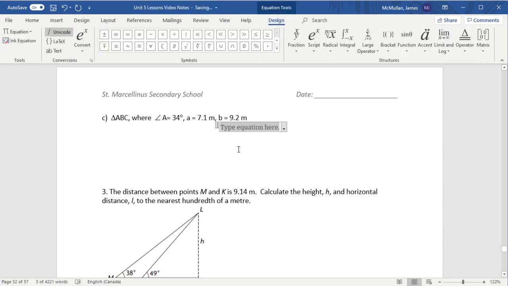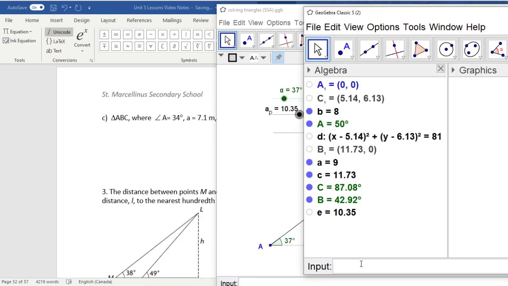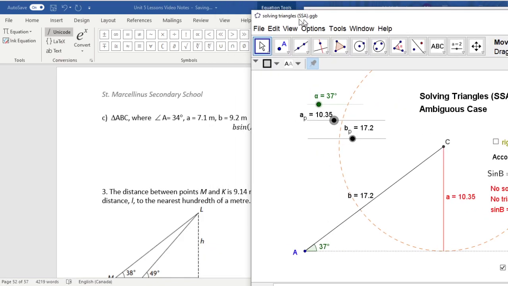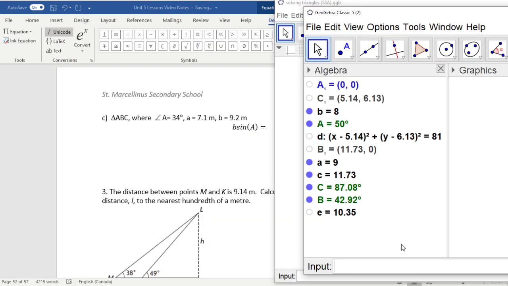So we're going to find, well, I assume anyway, B sine A. You always start with B sine A in these questions, so let's do that. So B was 9.2 sine 34. Oh boy, sorry.